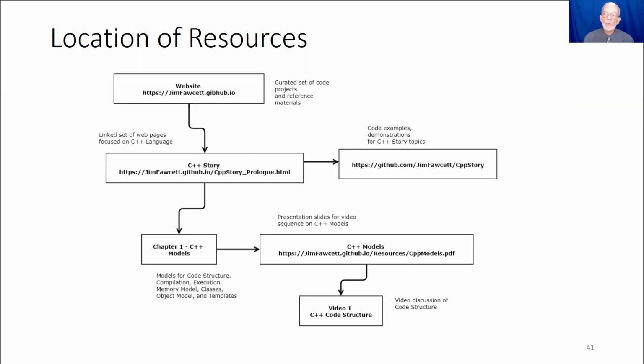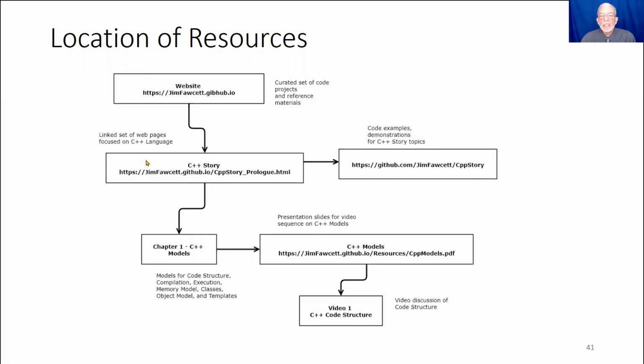Also, it responds to keyboard commands. If you hit N on the keyboard, it'll move to the next one. If you hit P on the keyboard, it'll move to the previous one. So this is a linked set of pages, and there's also a lot of code examples for the story.